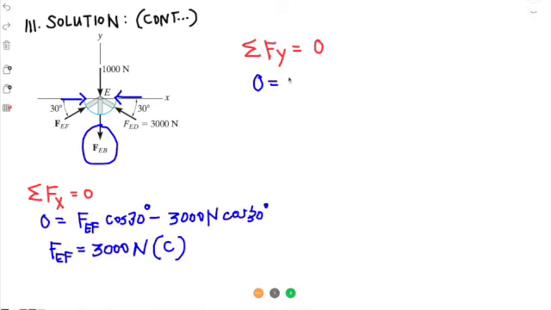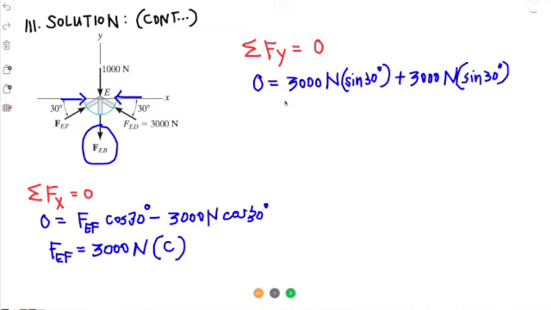So that's 3,000 newtons times sine 30 degrees. That's 1/2. Plus another 3,000 newtons sine 30, 1/2. That means this will just become 3,000 newtons. That's twice the halves of 3,000 newtons. So that's 3,000 newtons only.